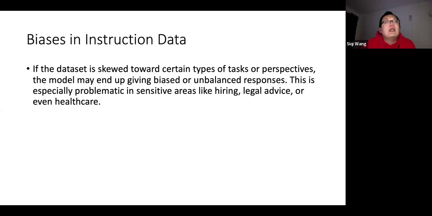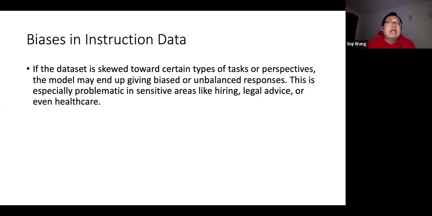Another concern is the dataset used for instruction tuning can sometimes carry bias. Since not all of the data come from the internet or other human source, it can reflect social bias related to gender, race, or even political views.